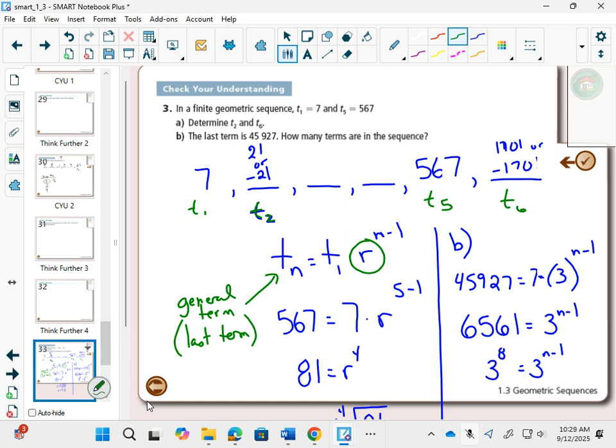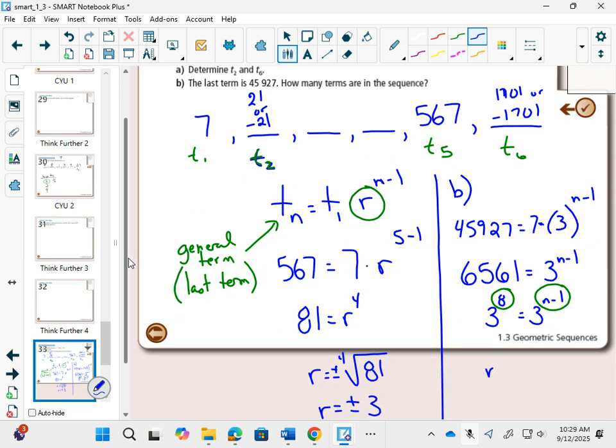And if 3 to the 8 happens to equal 3 to the n minus 1, what could n possibly be? n has to be 9. So there would be 9 terms in this sequence.